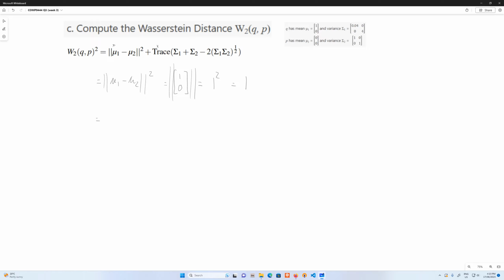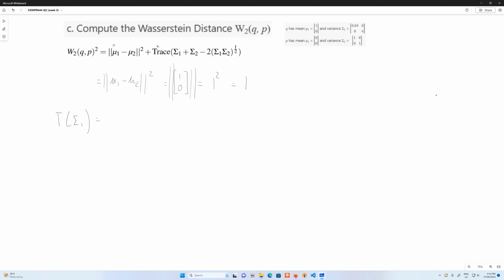Let's move on to the next term of the formula. Now you can see that we need the trace of this quantity inside the brackets here. So to do this, I'm going to do all of the trace calculations separately. So I'm going to get the trace of the first covariance matrix, which is simple to read off up here.